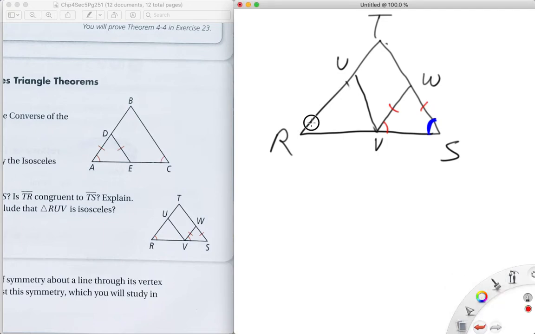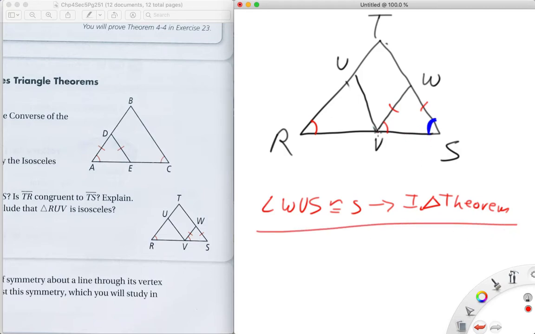So angle WVS is congruent to angle S, by the isosceles triangle theorem. But now look what we have.